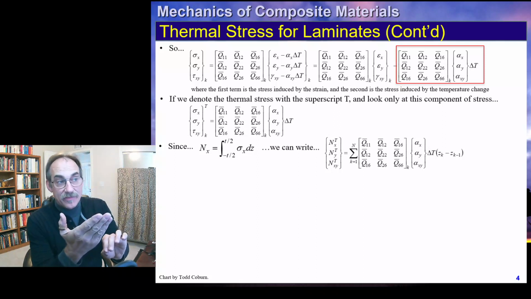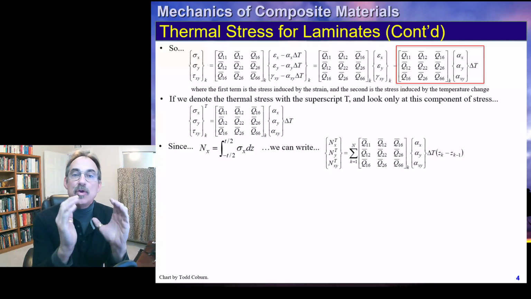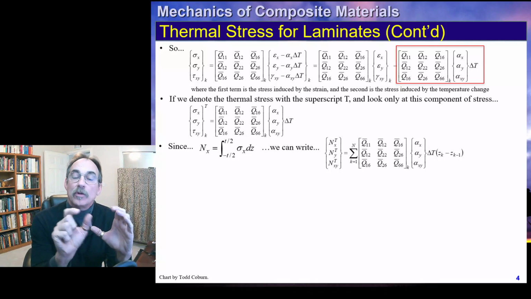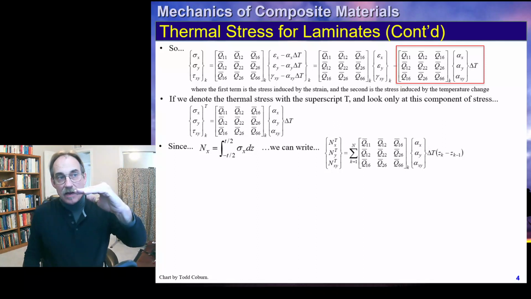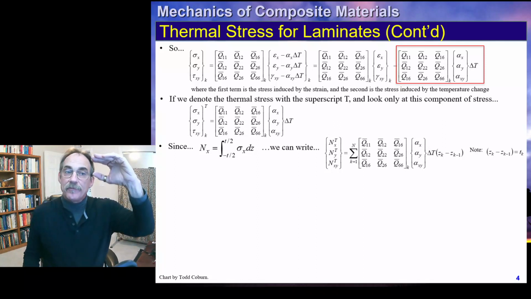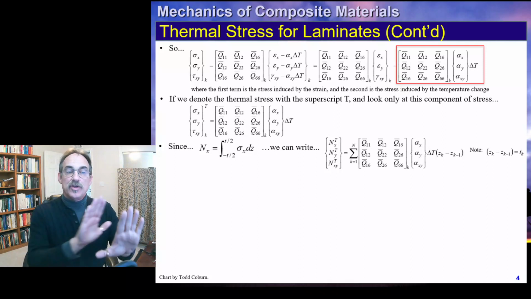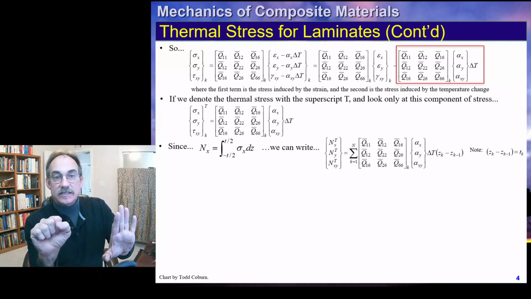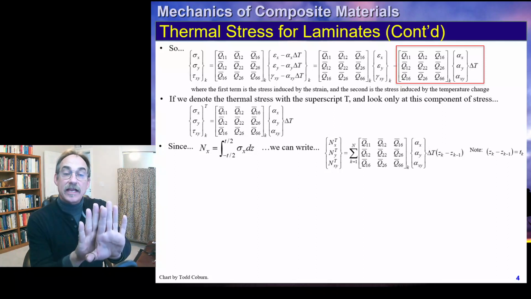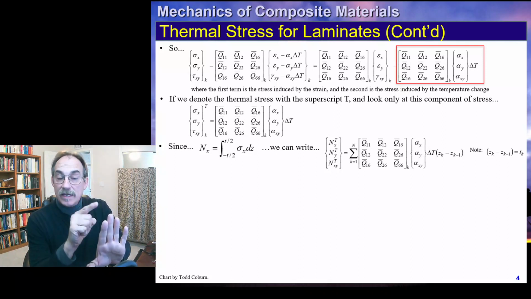We can write that in this manner, where we take the Q-bar of every ply, multiply by the alpha delta T, multiply by the Z minus Z minus 1. Remember, Z is at the bottom and the Z minus 1 is just above, which is actually just the thickness. So the Q-bar times the alphas times the thickness gives us what each ply contributes to the running load.